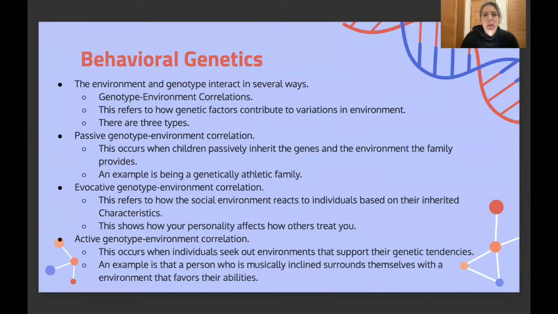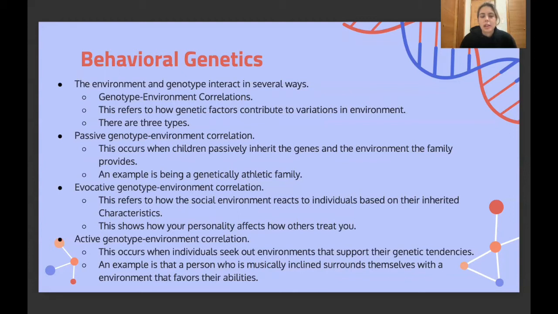To continue behavioral genetics, we can see that the environment and the genotype interact in several ways. The first being passive genotype environment correlation. This occurs when children passively inherit the genes and the environment the family provides. An example is being a genetically athletic family.